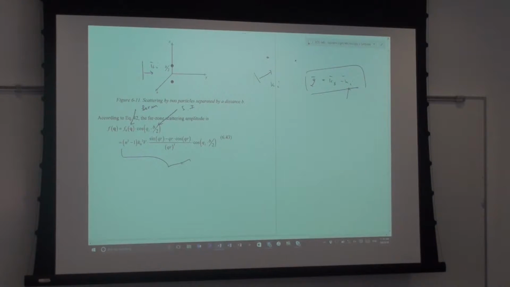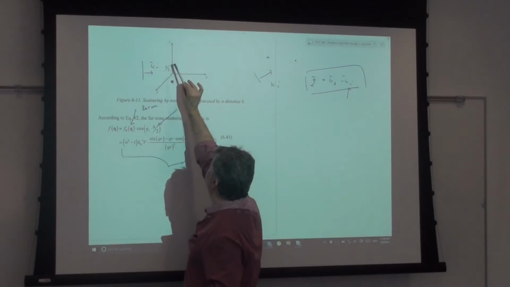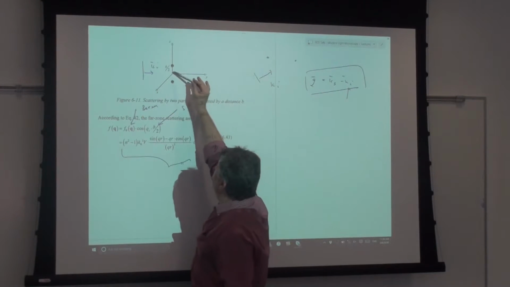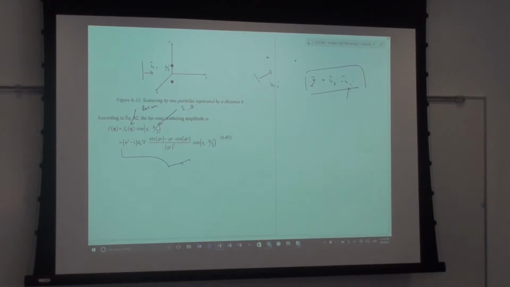I just write what it is. If my particles rotated, no problem. I just write whatever the coordinate is. Okay? So in this case, it will be along Z, so it will be 0, 0, B over 2 for one particle, 0, 0, minus B over 2. That's the coordinate of the two particles.